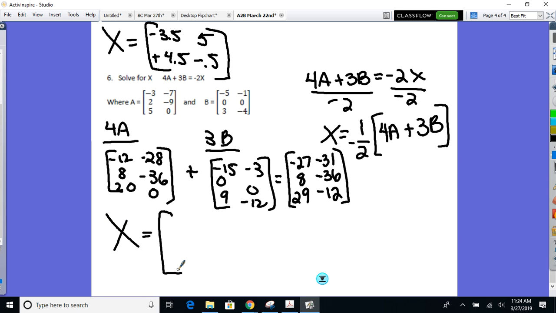Oh boy, here we go. That's positive 13.5. 4. Thanks, Grace. Negative 14.5.